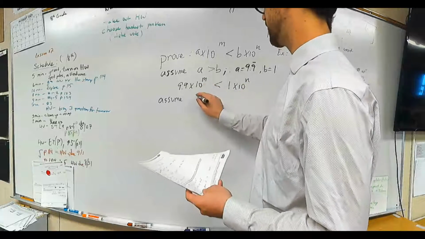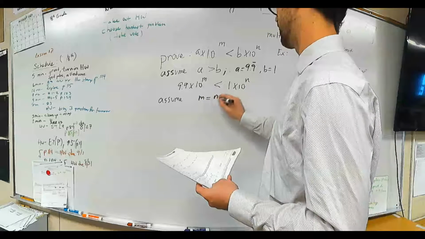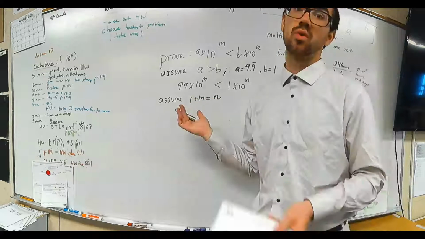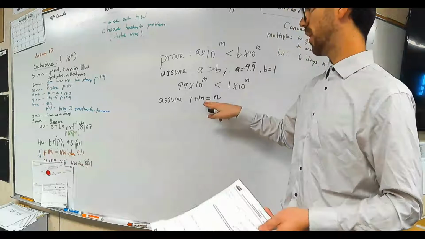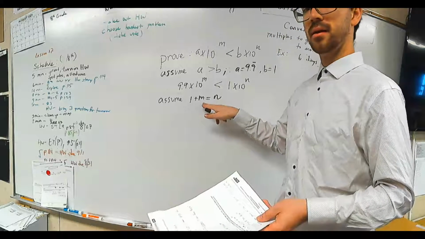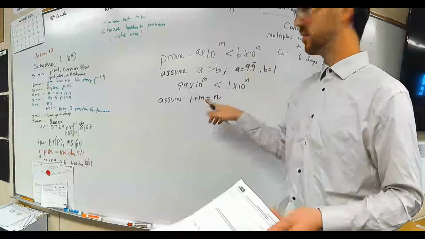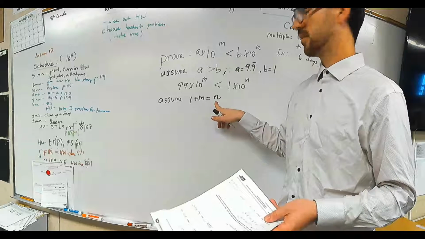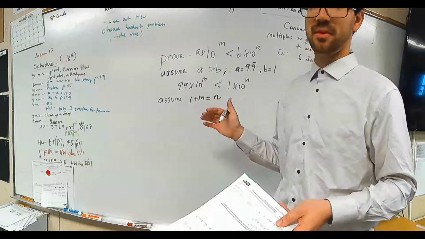So let's assume that n is just 1 more than m, right? The very minimum case. The only way that m could still be less than n, the most minimum case, is that m is just 1 less than n, right?